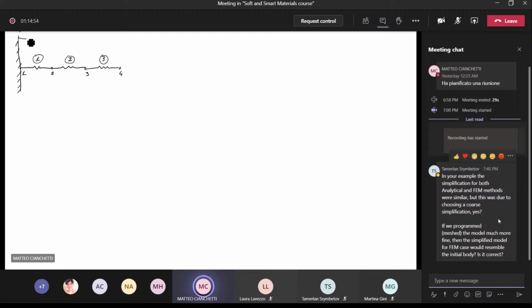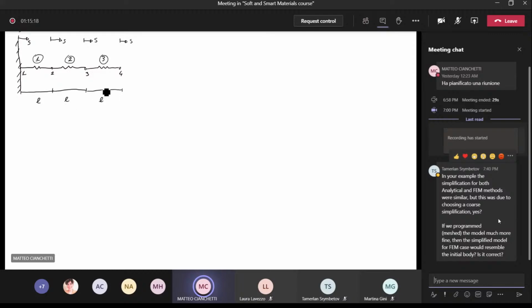We have, in this case, the displacement of the nodes like this. And all the elements, just for simplification, they all have the same length.